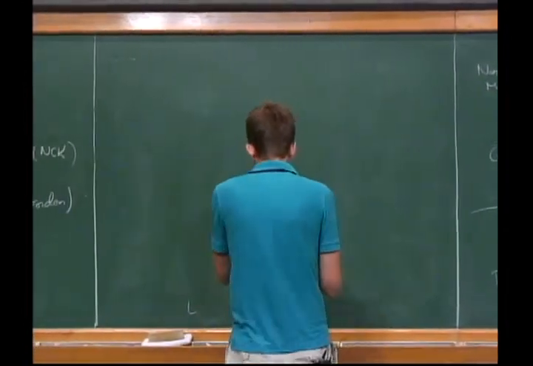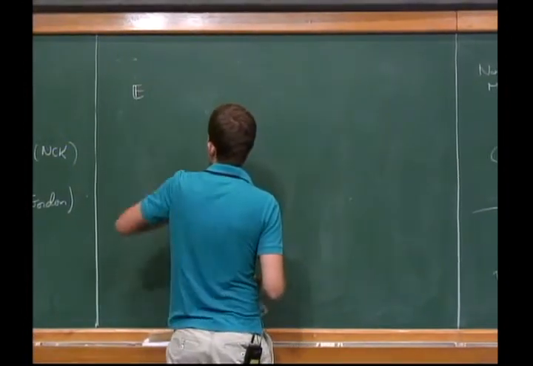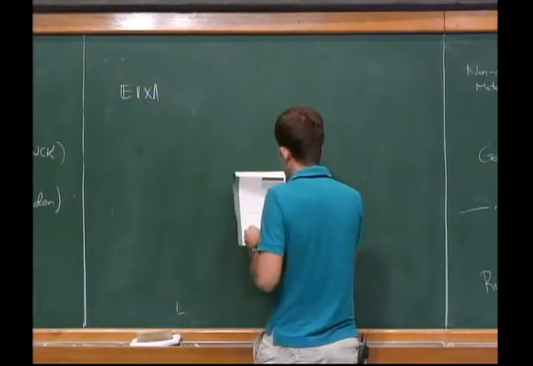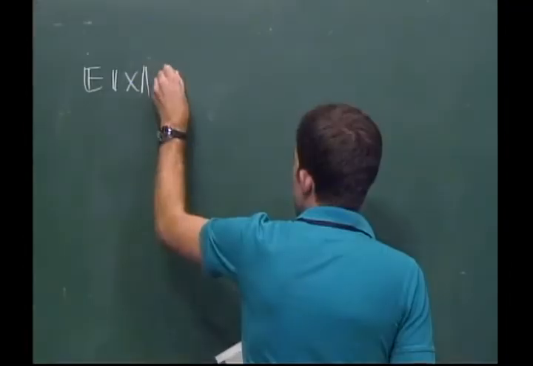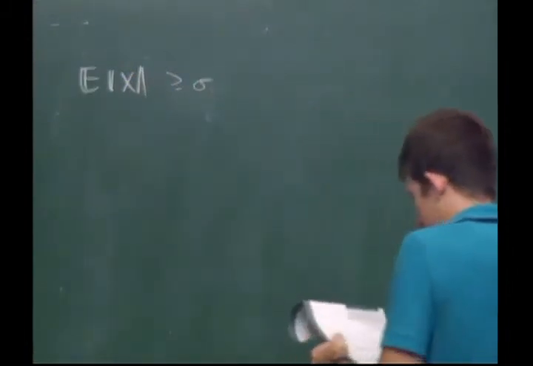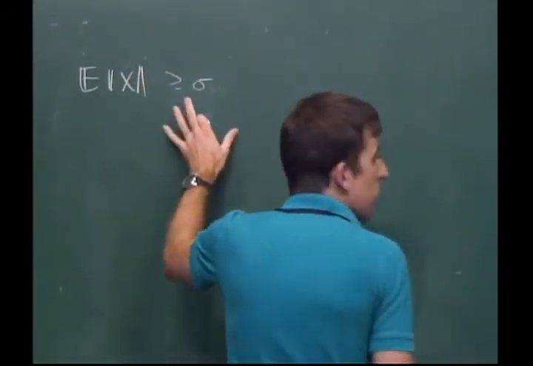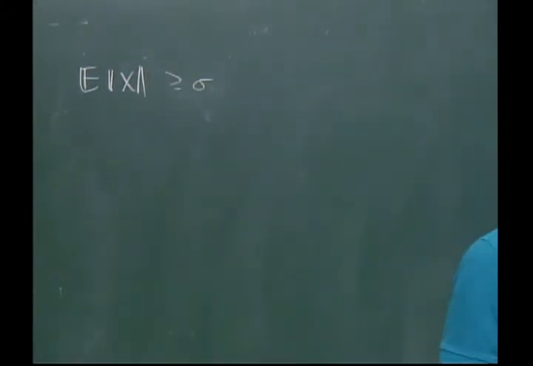So we know for a fact that the expectation of x is bigger than sigma, and so the term on the left needs to show up.